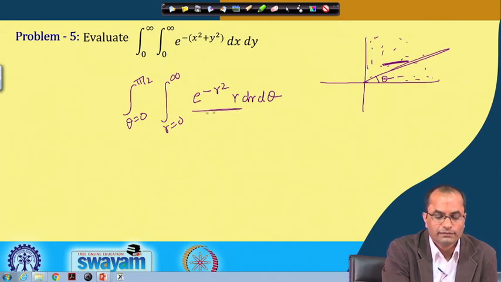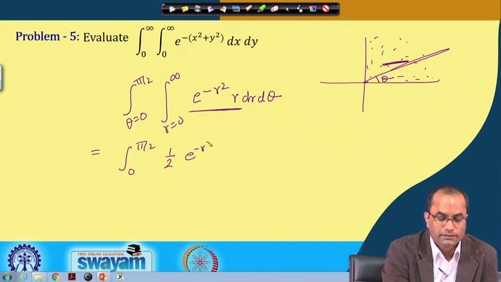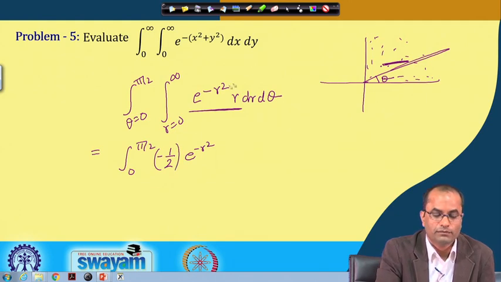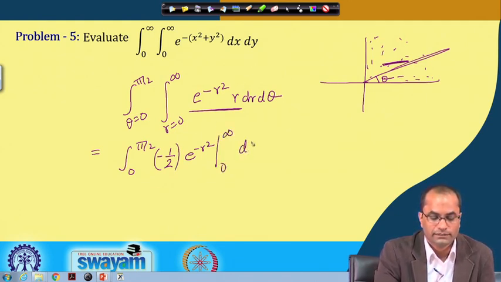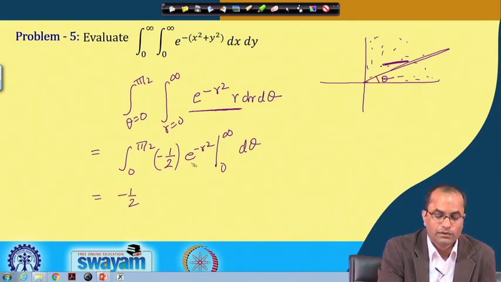This is again similar to an example we have done before. This will be half e power minus r square, minus half, and then we have 0 to infinity and this d theta. So, minus half, and e power infinity, when r approaches infinity, this will be 0, e power 0 will be 1.